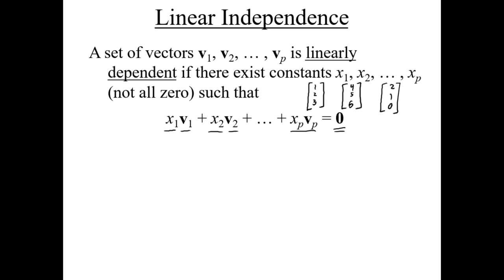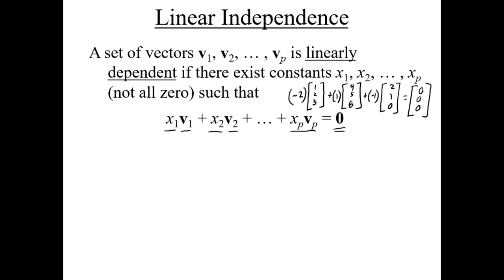Just because of the way I created this, if I used a coefficient here of -2, and here a coefficient of 1, and here a coefficient of -1, if I multiply the first one by -2, plus the second one, plus -1 times the third one, if I did everything correctly, I'm going to get a result of 0, 0, 0.